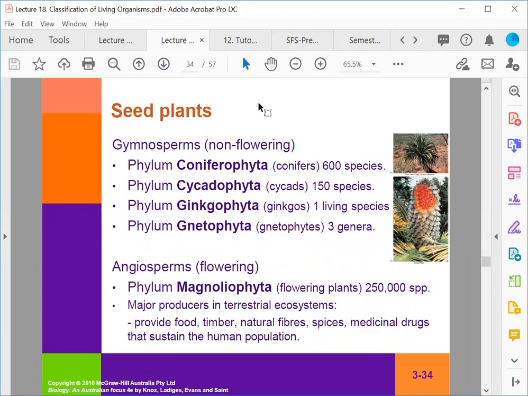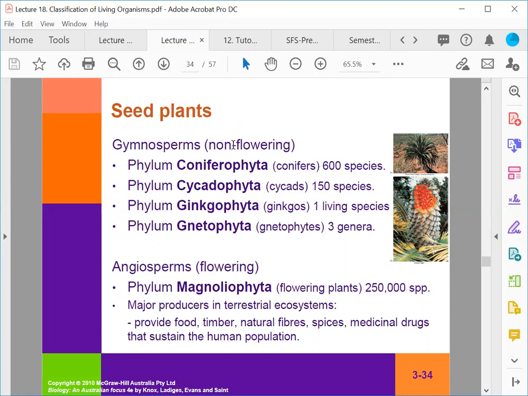Okay, and next we have probably the most recent group of plants to evolve, the seed-producing plants. And the seed plants are very broadly divided into 2 groups. So we've got the gymnosperms, which are the non-flowering plants, and then the more abundant angiosperms, the flowering plants. So they all produce seeds, and of course the development of seeds was also a very important evolutionary event.